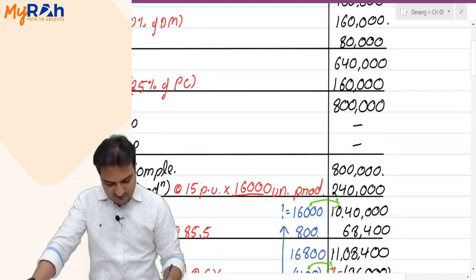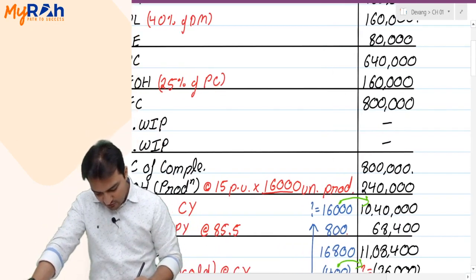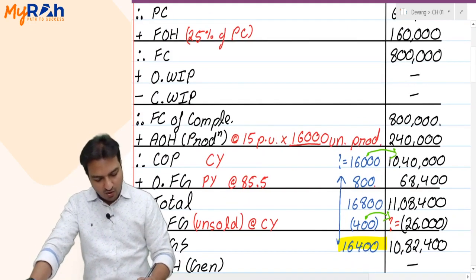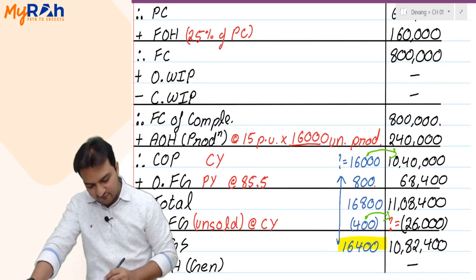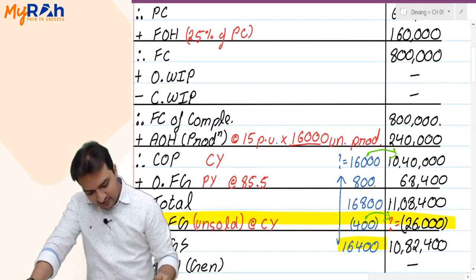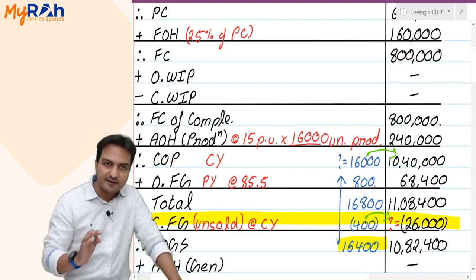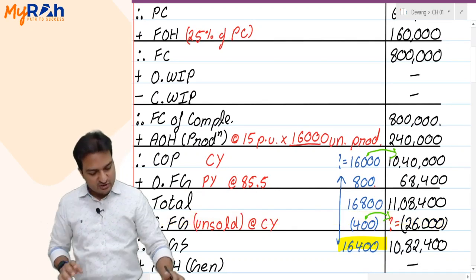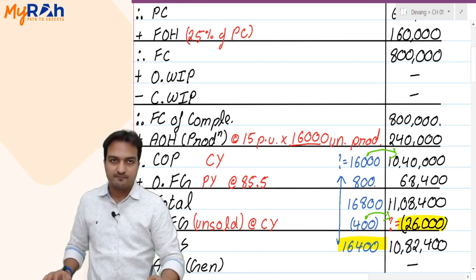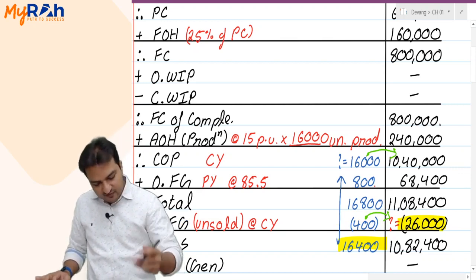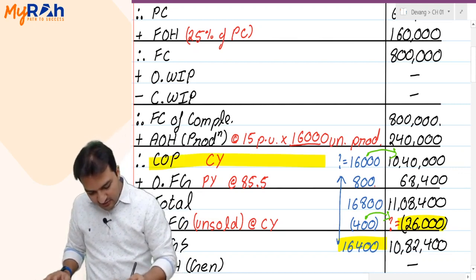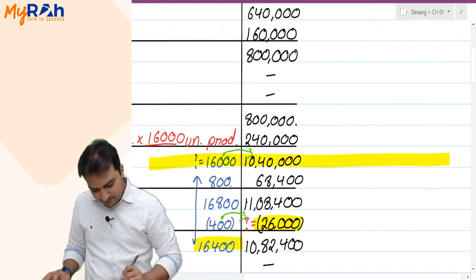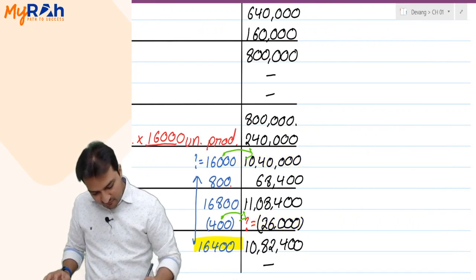Now, if they are methods for valuation of closing FG, so in this format over here, all the things that I have written until closing FG will still remain the same. What will change will be only this closing FG here. So consider everything else still remains the same. I will start writing from the COP here. Notice, for weighted average method, I will make a table again, but I'll not make the full table.